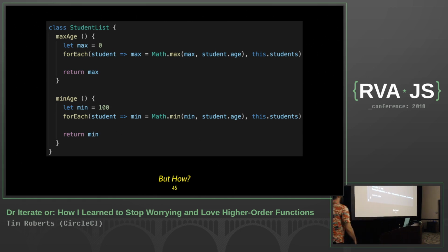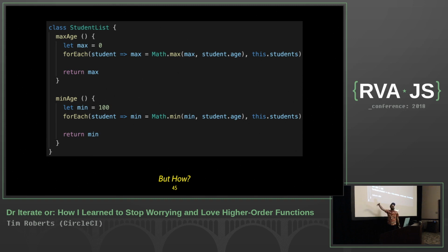Right? I want to set some max as a really low number, and then iterate over my students list, and for each student's age, and given the last max, set that mutating max value. Once you're done, return the last known max. Right? Similarly with min, I'm going to set min to be whatever the minimum is between that.